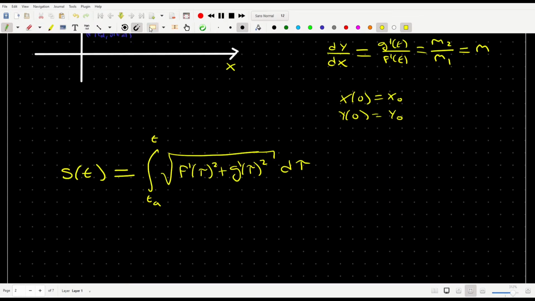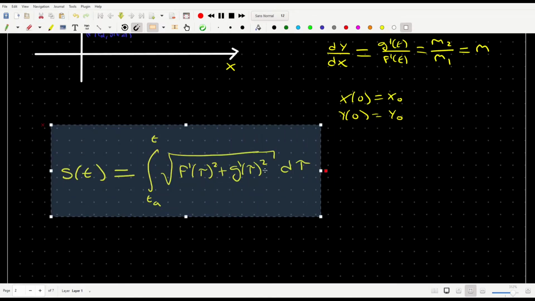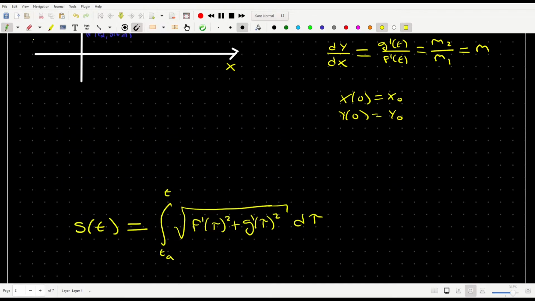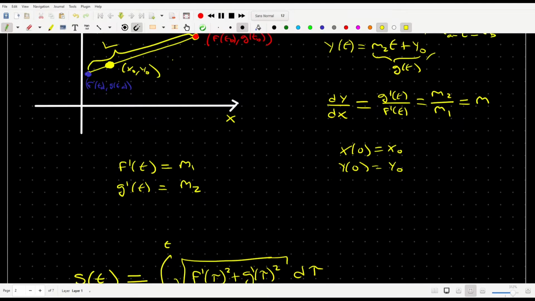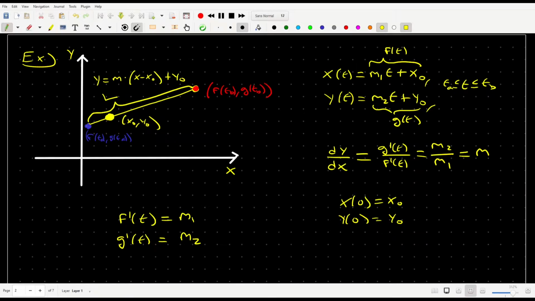And both f prime and g prime are relatively easy to evaluate. F prime of t is the derivative of x with respect to t, which is just going to be the constant m1, and g prime of t is going to be m2, because both of these are constant.